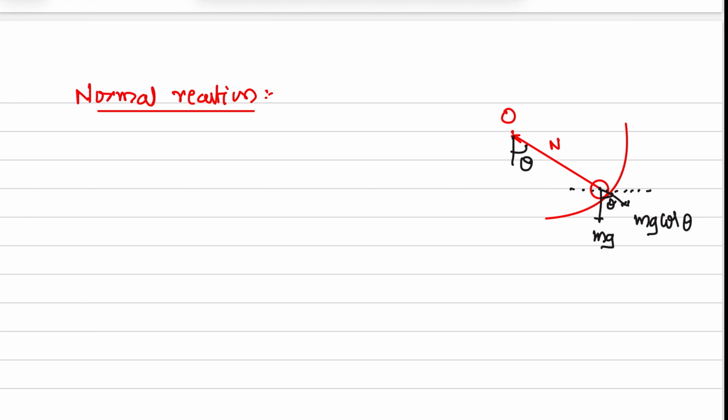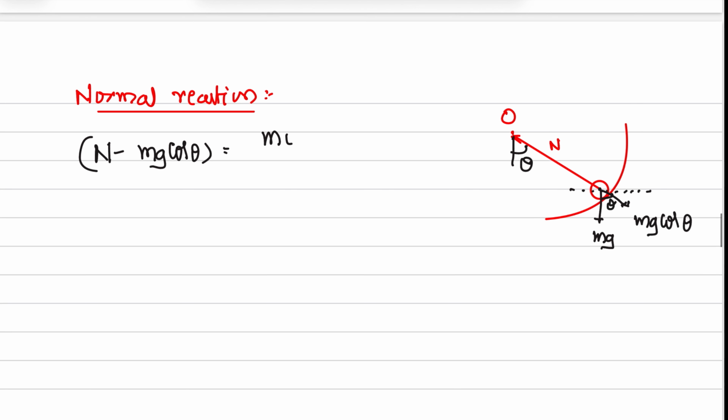Therefore, the net force will be N minus mg cos theta is equal to mv square by radius, effective radius. This is the centripetal force. The force is towards the center.